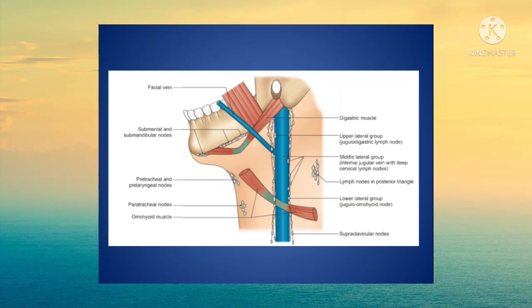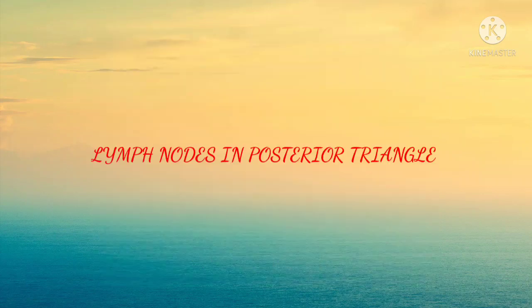A few members of these lower groups extend in front of scalenus anterior. The enlargement of these left scalene nodes is not an uncommon finding in malignant disease of the stomach.